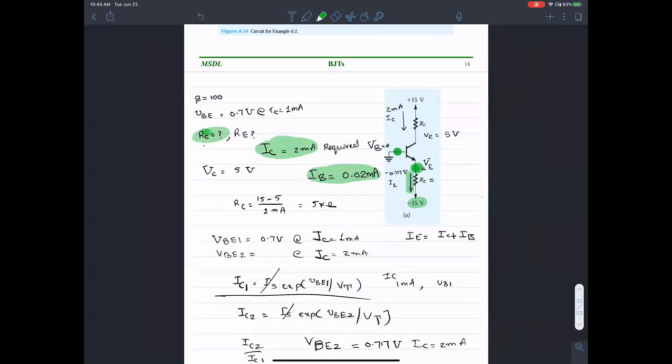What's the value of RE? We are simply using the equation that IC is beta times IB. IC is given, so we should be able to calculate IB. Once we have IB, we should be able to calculate IE.